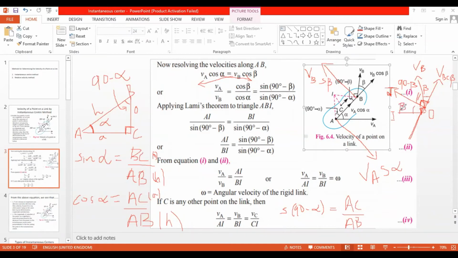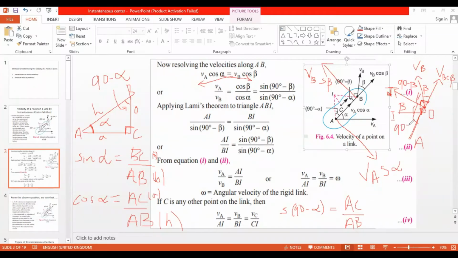And now this JOA, this is another right angle. So if JOA is a right angle, and if this is beta, this will be again 90 minus beta.